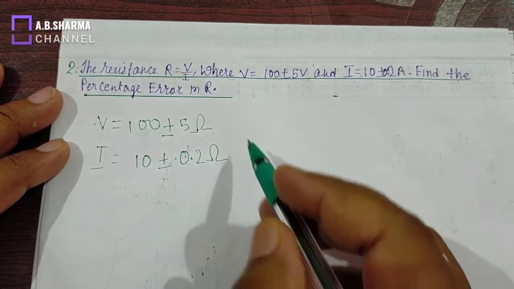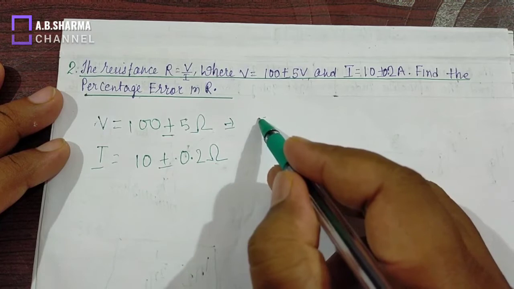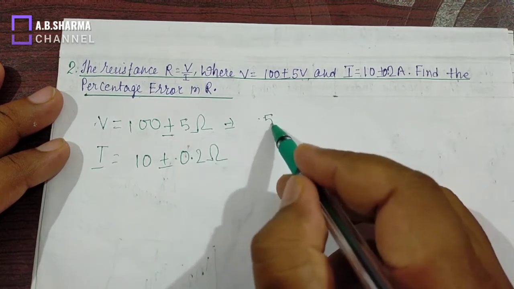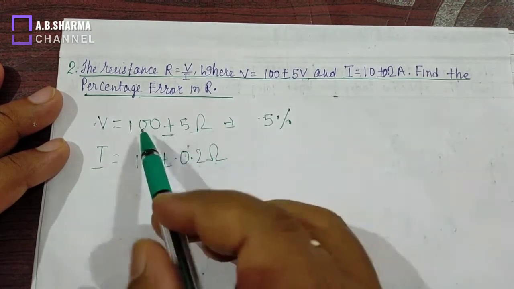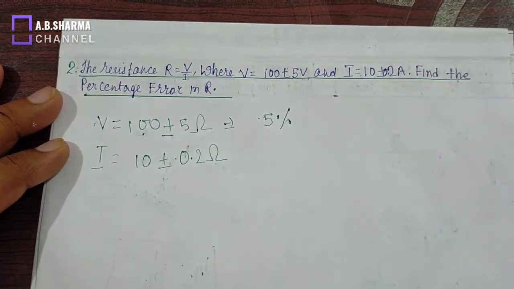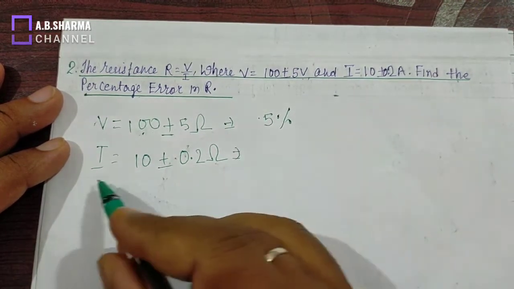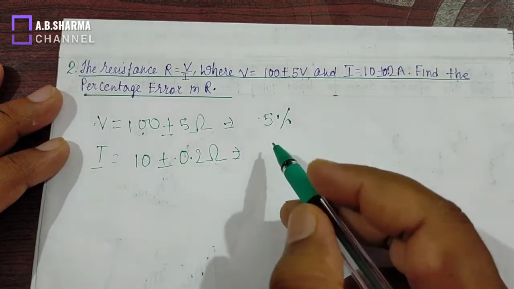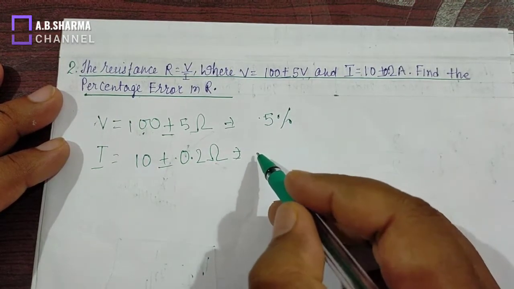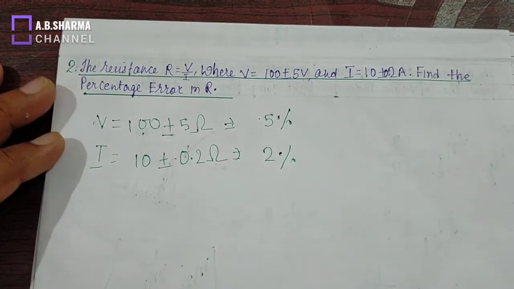So it is clear that percentage error in V is 5%, because 100 is the measured value and 5 is the error. So percentage is 5%. In I the percentage error is 2%. It is clear from the value.